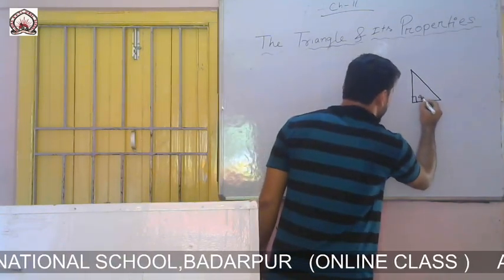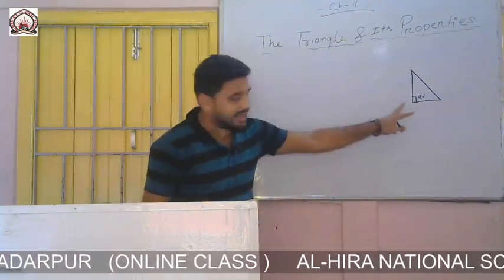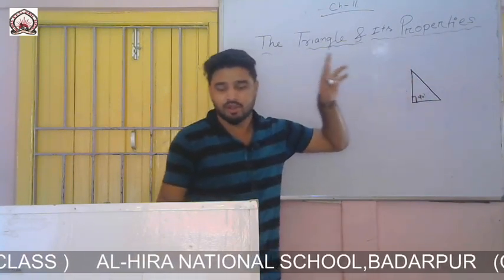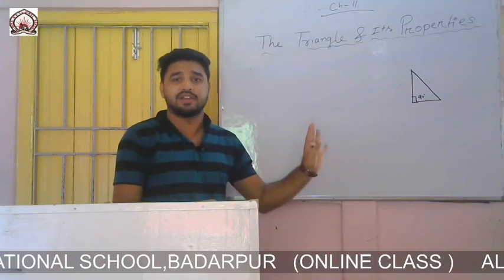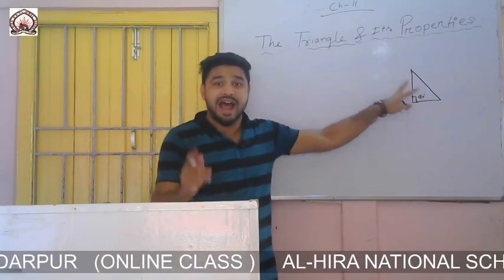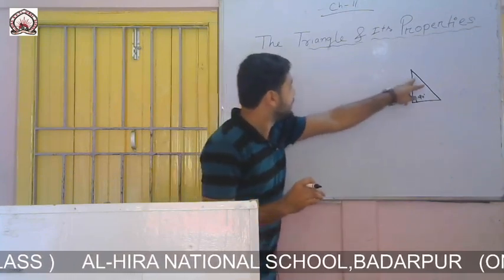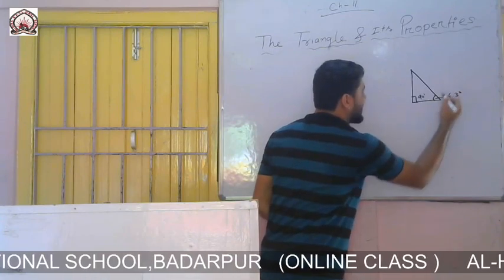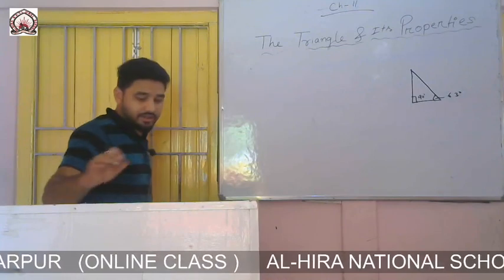That means one angle is 90 degree. So if one angle is 90 degree, then the sum of the other two angles will be 90 degree, because we know that the sum of the three angles of a triangle is 180 degree. From those two acute angles, one angle is given: 63 degree. Now we have to find the other acute angle.